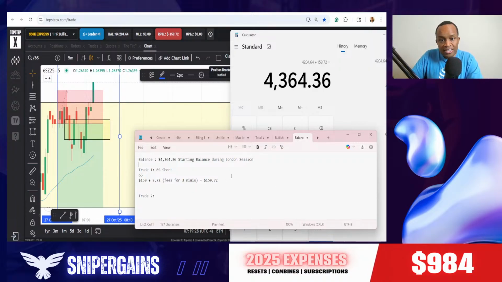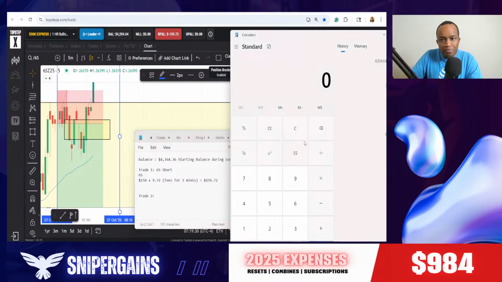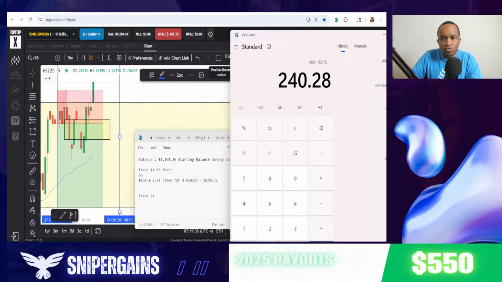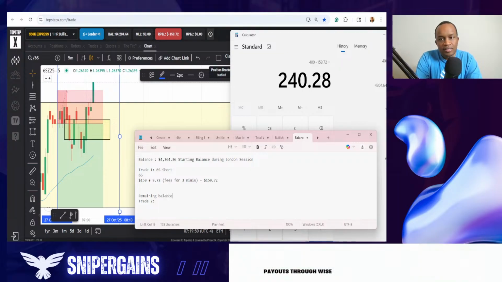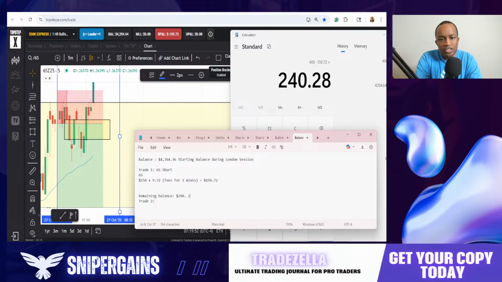So with the next trade, I have a working balance left of, let's see, 159.72 off of, $240.28. So ideally, I want to try to split this in half and see if I can catch a trade. So remaining balance for the day is going to be 240.28.